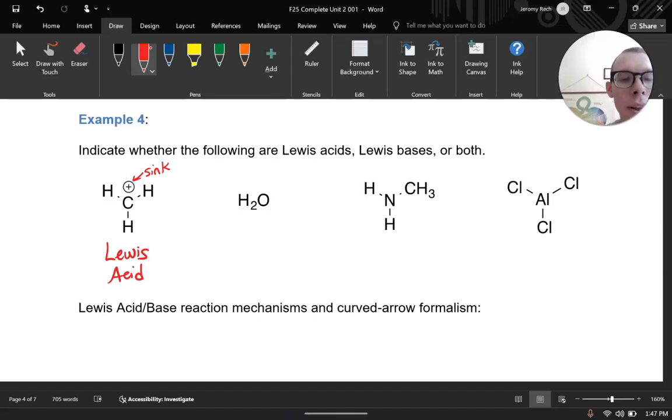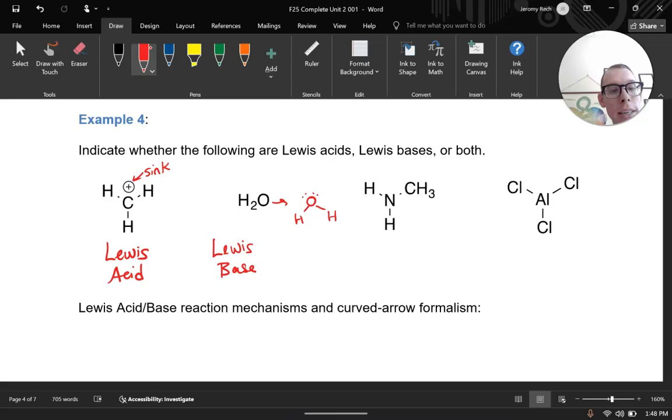What about water? If we draw water out a little bit more. So for water, we see that it has lone pairs. And if it has lone pairs, that means that it can be our Lewis base. It can use those lone pairs to go and do attacking. But it also has an H. And that H can be abstracted through our traditional Lowry-Bronsted.